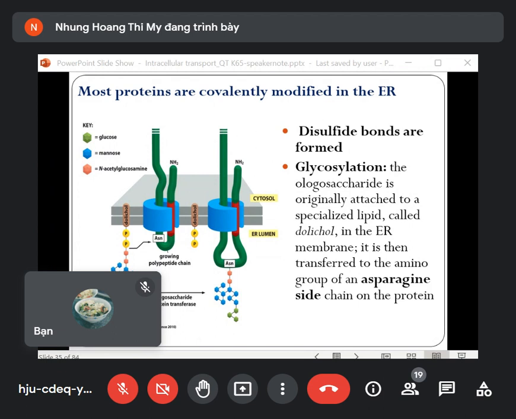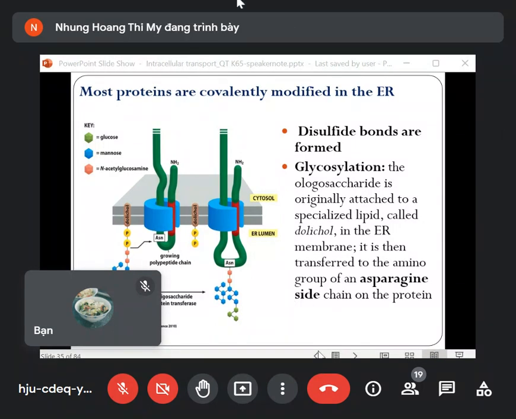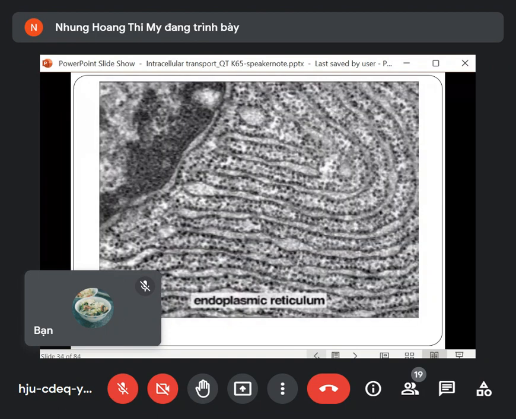We talk about the transport of protein through the ER membrane. In the last lesson, we already discussed how the protein is sorted and transported to different places in the cytoplasm.